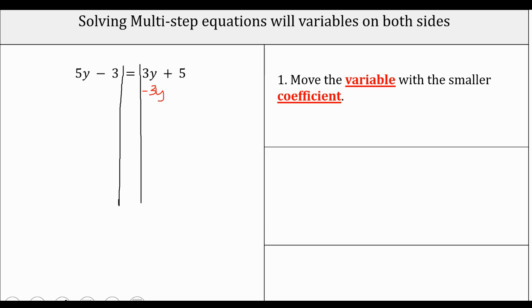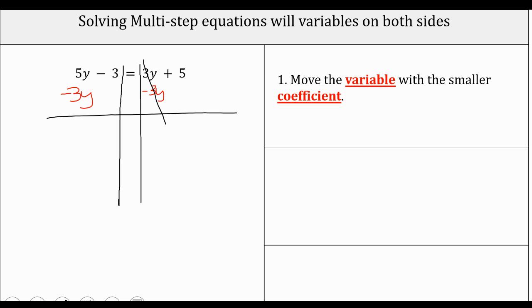Now we're going to subtract it from its like term. I want to be able to subtract it. So I'm not going to put it under this minus 3 because 3y and 3 are not like terms. I'm going to subtract it from the 5y. Very important. Okay, so here, that's going to cancel out over here, which is exactly what we wanted.